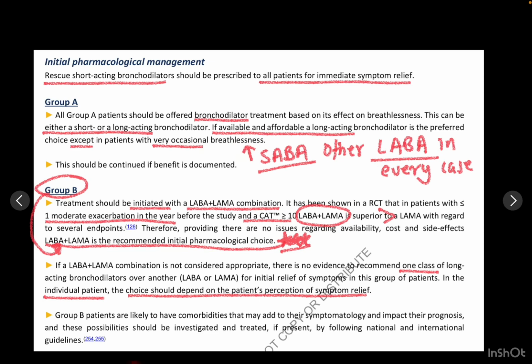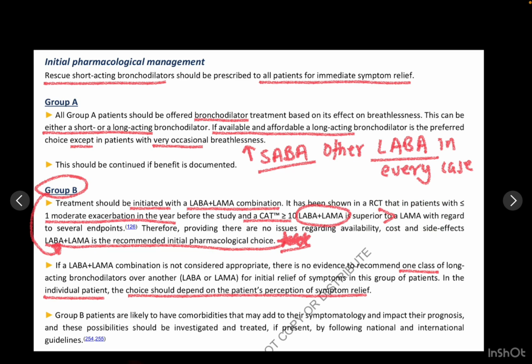In group B, they are telling treatment should be initiated with LABA and LAMA combination. If the patient has less than one moderate exacerbation in a year and CAT score is more than 10, then LABA and LAMA combination is better than LAMA alone.